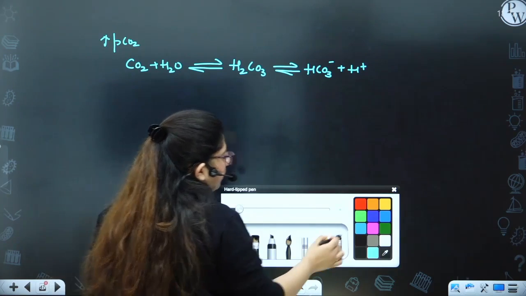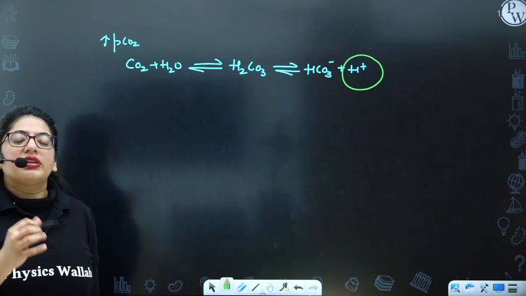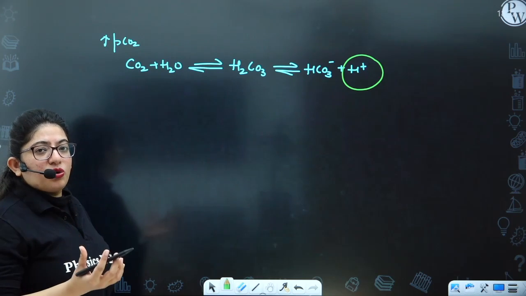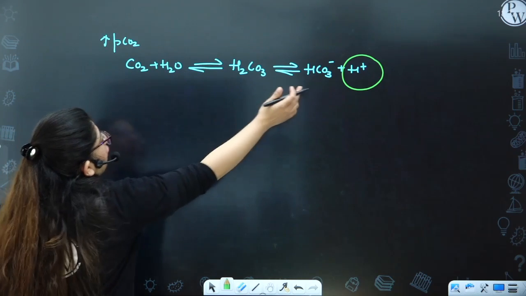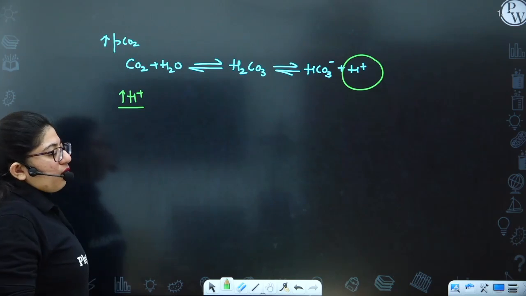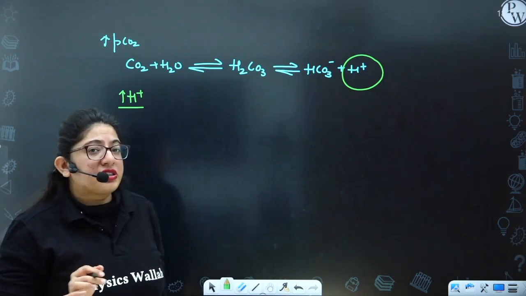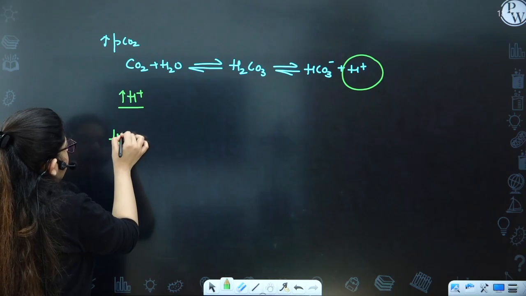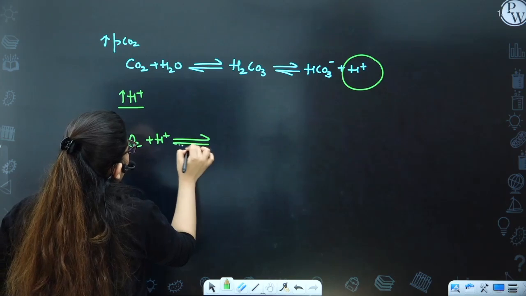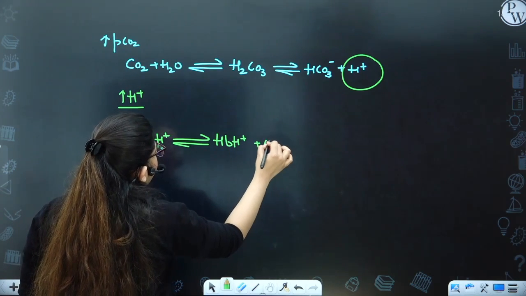Both things go simultaneously. Whenever you are exercising, your PCO2 level will increase, and your H positive ion will also increase. At this point, this H positive or hydrogen ion is an enemy of oxyhemoglobin. They will bind to it and cause the dissociation of oxygen, right?